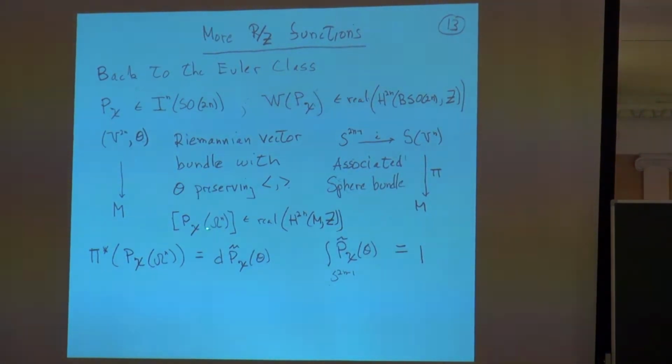Now, downstairs, P sub chi, the Euler form, or the Euler class, is a real class, but it's the real form of an integral class. Now, when I lift it up, it's exact. And following Chern, it doesn't have to be the tangent bundle. It's always exact. And its integral over the fiber is 1. Okay.